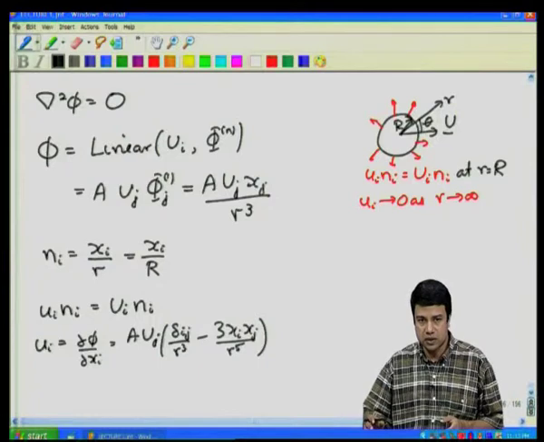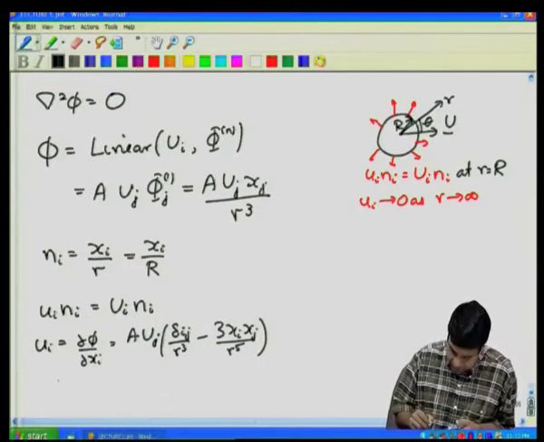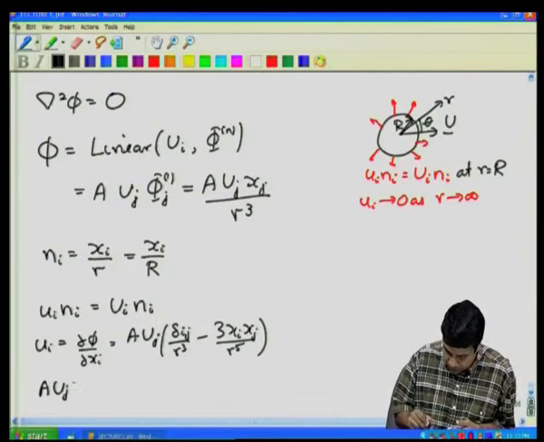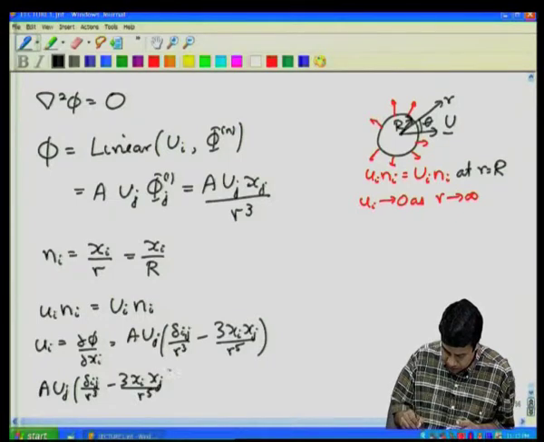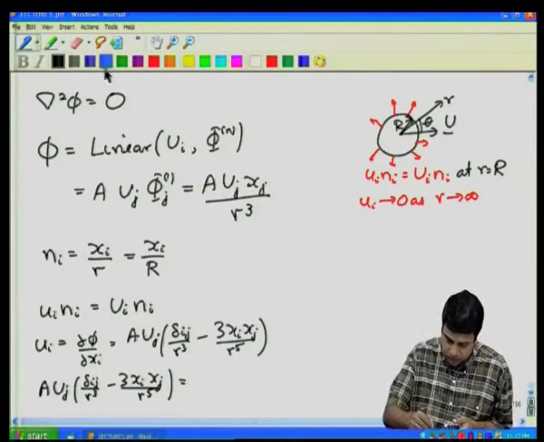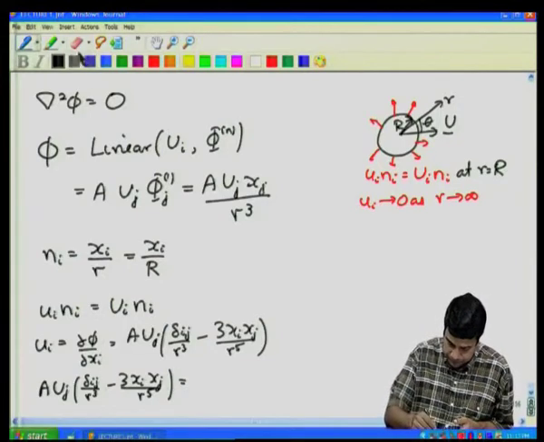Therefore, the boundary condition requires that A u_j, this is into the unit normal.